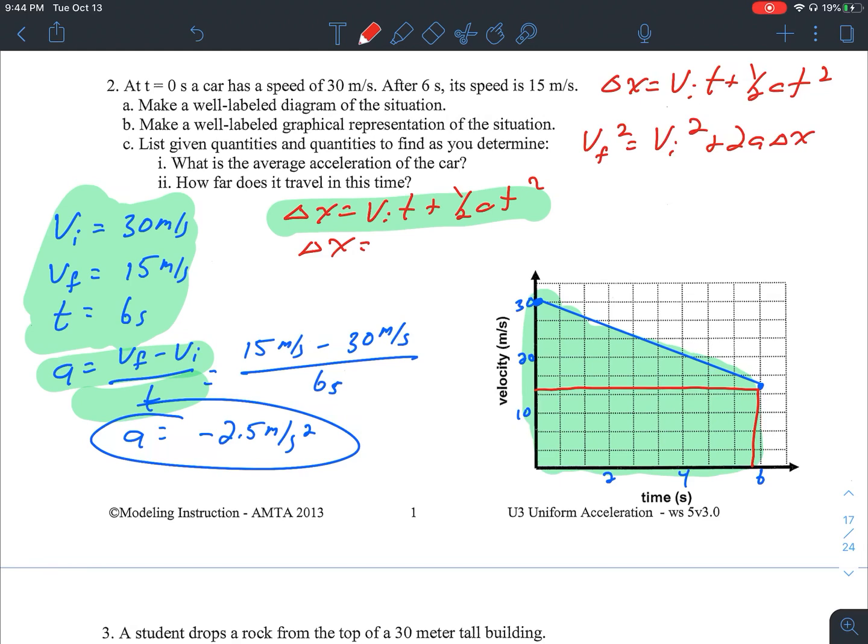So plugging in everything, we have 30 meters per second. Making sure that we have our negative acceleration.